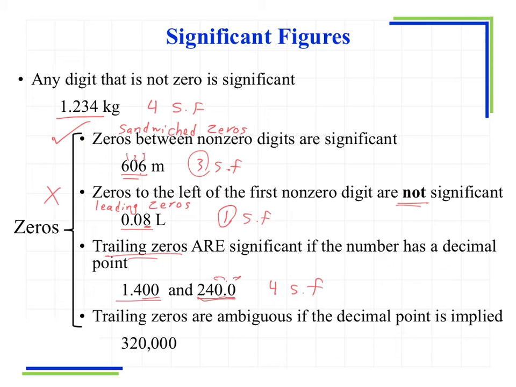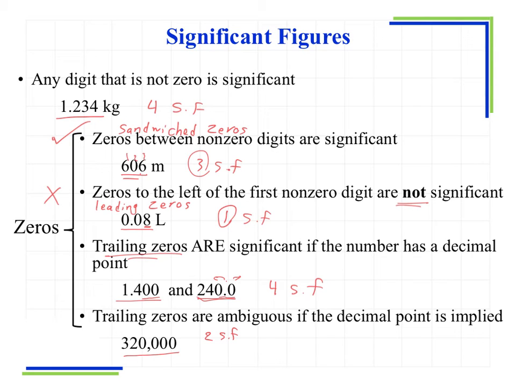So in the last example, sometimes it becomes ambiguous. Look at this number. How many significant figures do we have? We have trailing zeros and there is no decimal point. So if you don't see any decimal point, you should say it has 2 sig figs, right? But you don't know. Sometimes it's ambiguous.